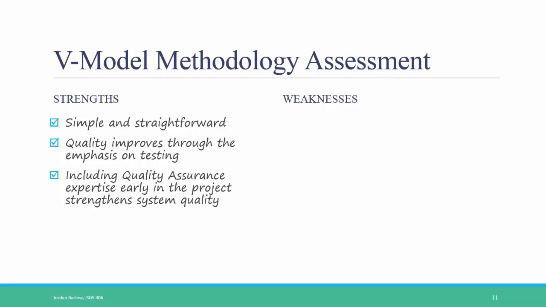The weaknesses of the V model, like the traditional waterfall method, are that it's rigid and it's difficult to use in a dynamic business environment when things are going to be changing or you might have new requirements coming up. So to summarize, the three waterfall type methods are the traditional waterfall, parallel, and the V model.